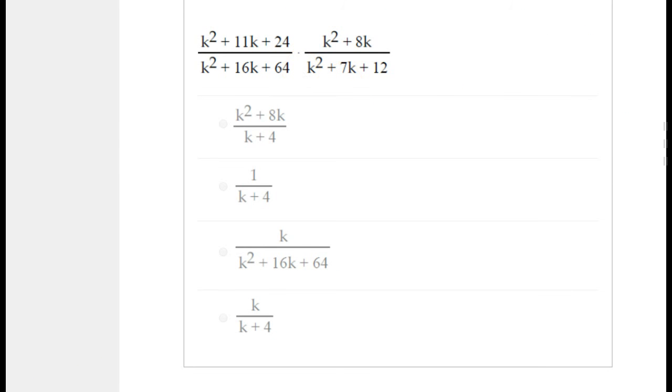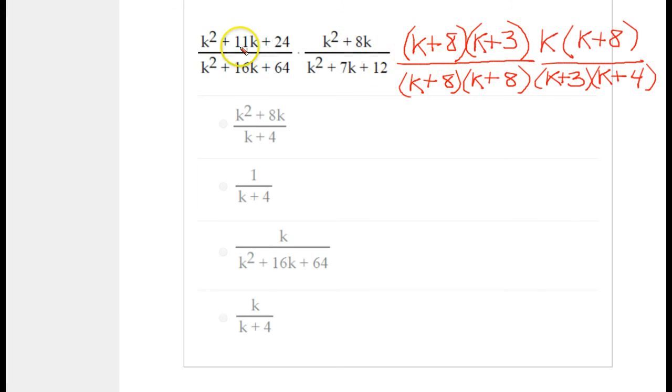Now here they're asking us to multiply, but again, they don't really want us to multiply. They want us to simplify, and we do that by factoring. Let me pause so we can save time. Well, there's all the factoring, and I foiled everything to check that I had it correct.